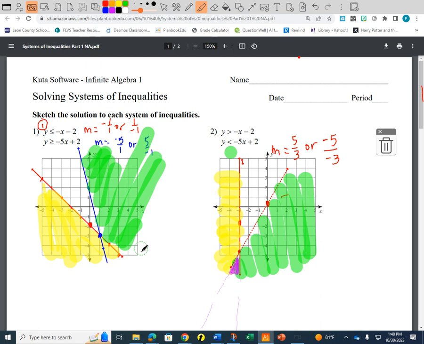So this one, it's overlapped. That little bitty part right there is the only part where they overlap.